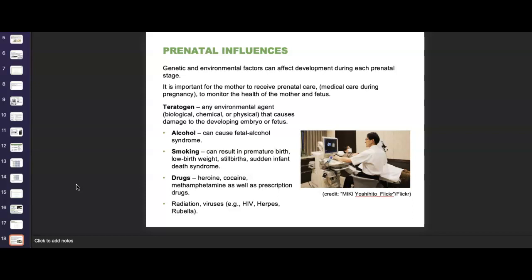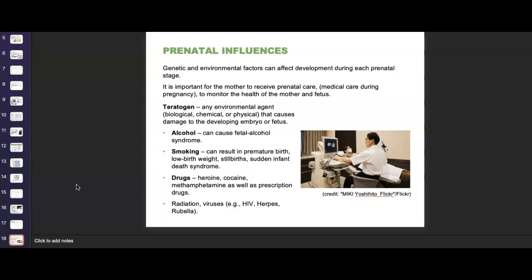Again, question 2. Make sure to review this slide. A teratogen is any environmental agent, whether it's biological, chemical, or physical, that causes damage to the developing embryo or fetus. This can include things like alcohol, which can cause fetal alcohol syndrome, and smoking, which can result in premature birth, low birth weight, stillbirth, and sudden infant death syndrome.